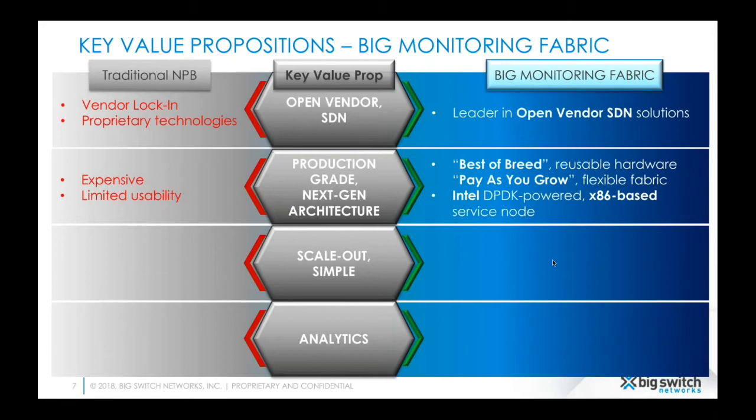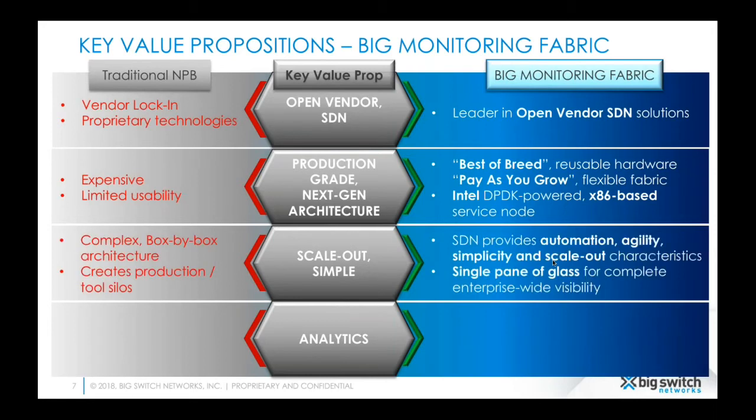With all of these, you now have scale out and simplicity, because you can add more switches one by one into your fabric, but your management point will always be a controller, which gives you immense simplicity, which your traditional network packet broker solutions do not provide.